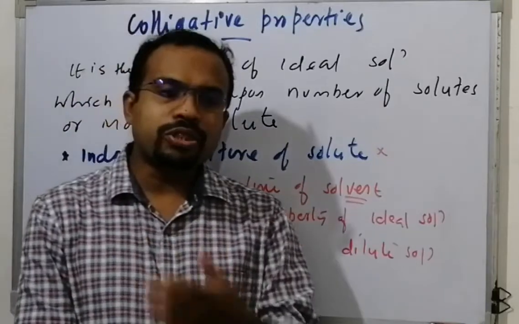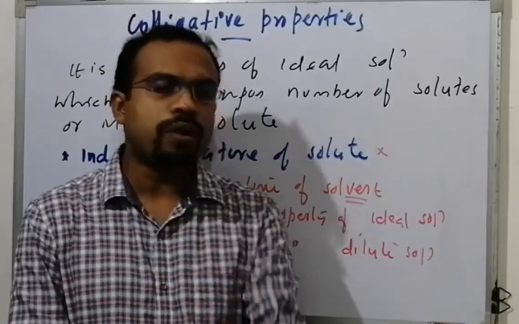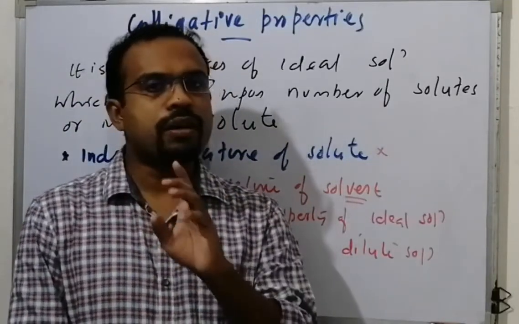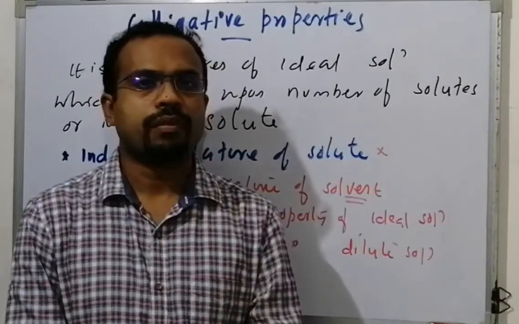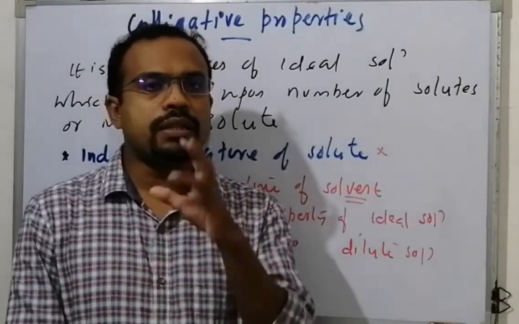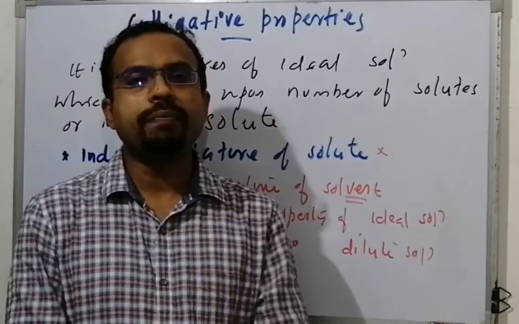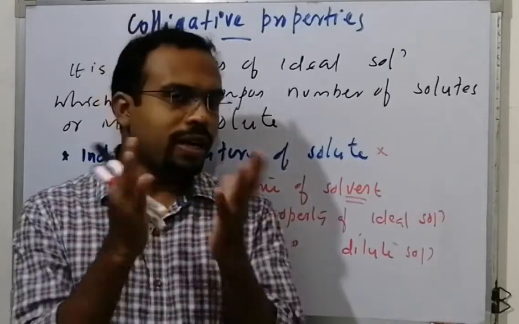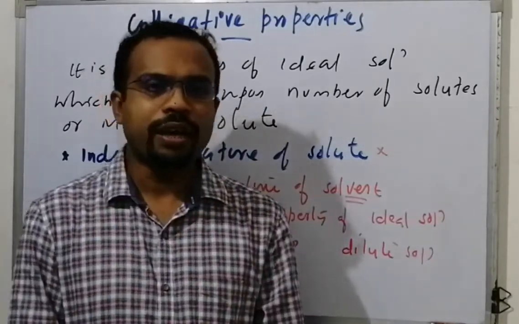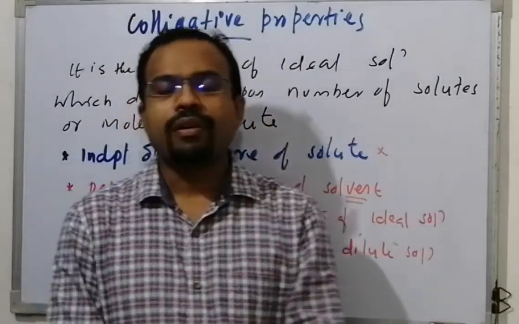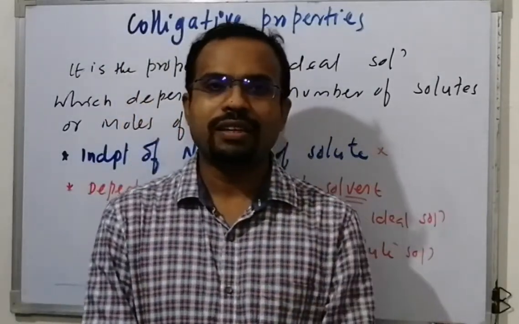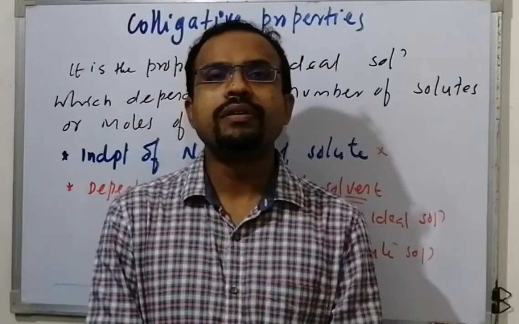And this property depends upon the nature of solvent, but is independent of the nature of solute. That is, in terms of solute, it depends upon number only. Only number.